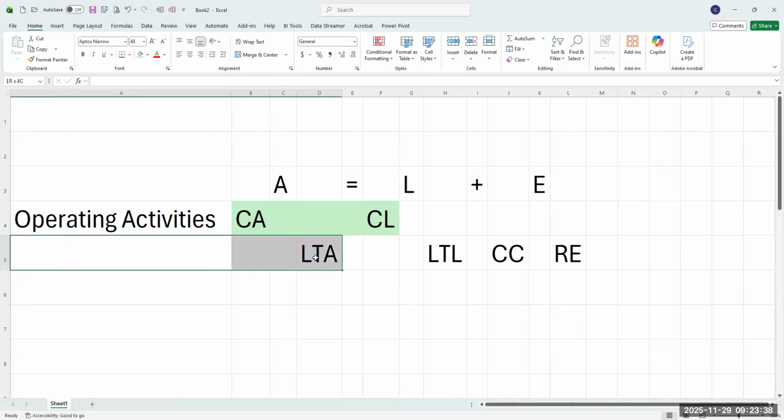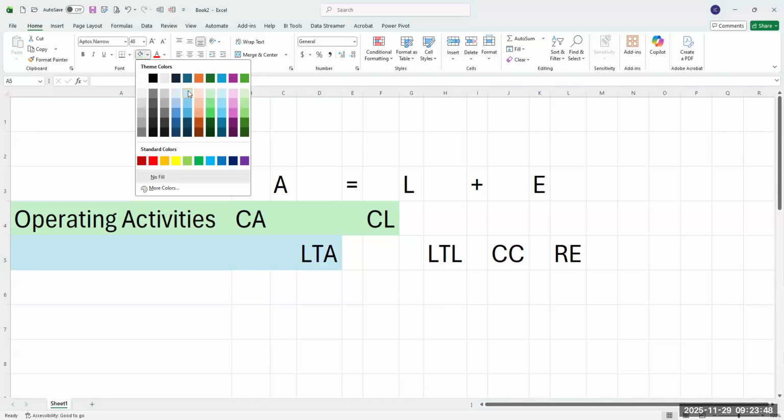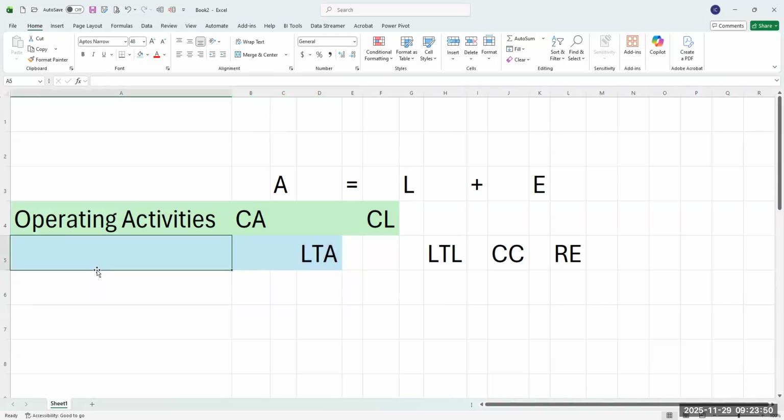Then we have the long-term assets. And the long-term assets are the ones that give us our investing activity.